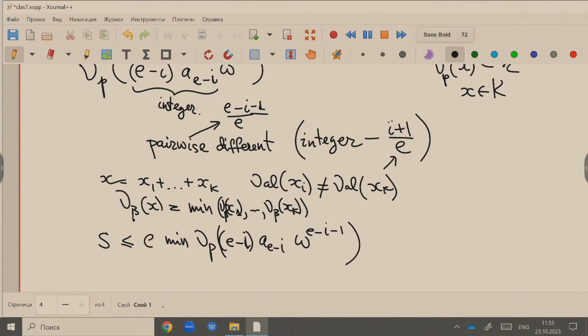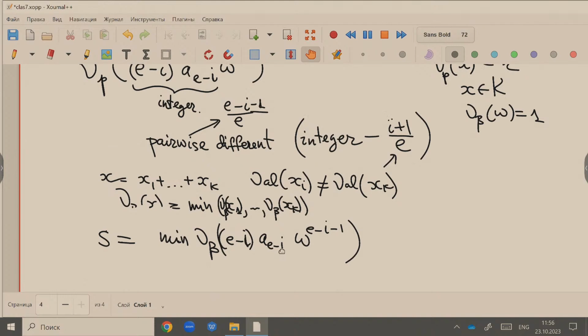Let me write it down, beta here. So the valuation of beta of omega is equal to 1. So S is just the minimal of these valuations.